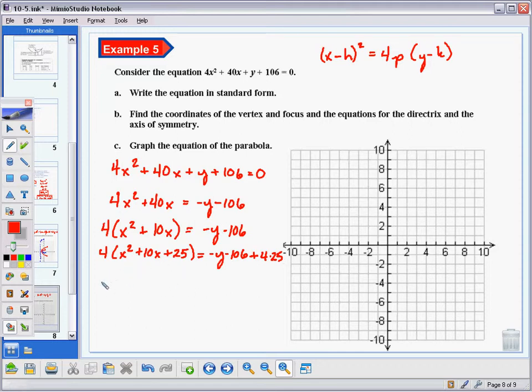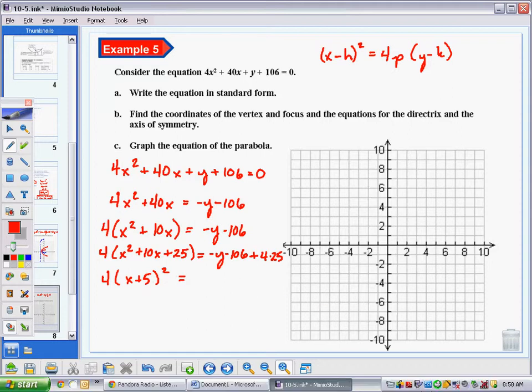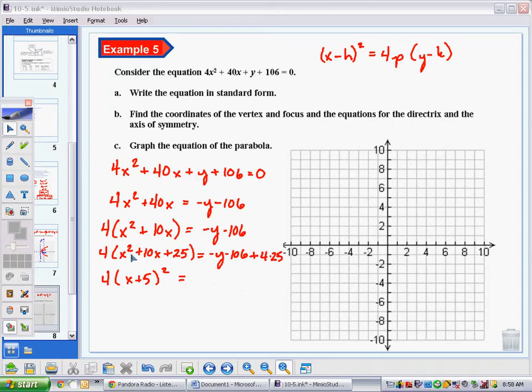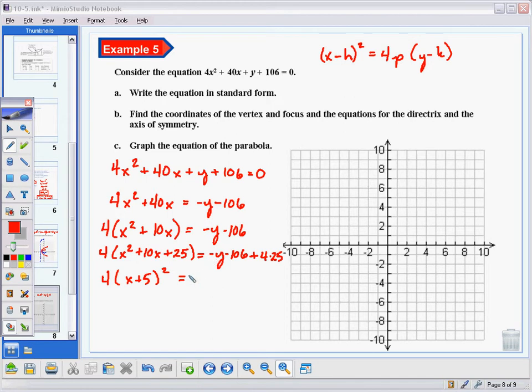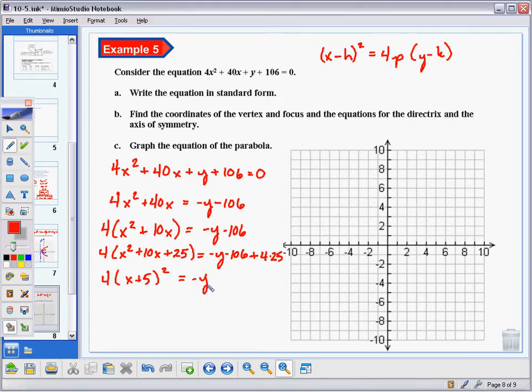This is a perfect square now in the parentheses. I have 4 times (x plus 5) quantity squared, which will be equal to, on the right-hand side, a negative y minus 6. Okay, almost the last thing here.